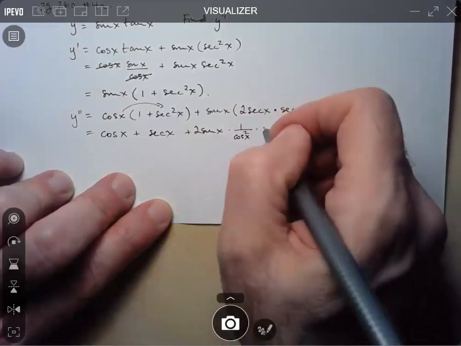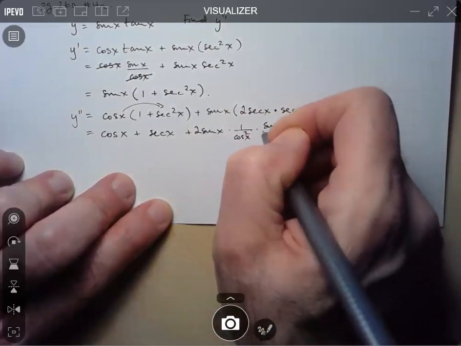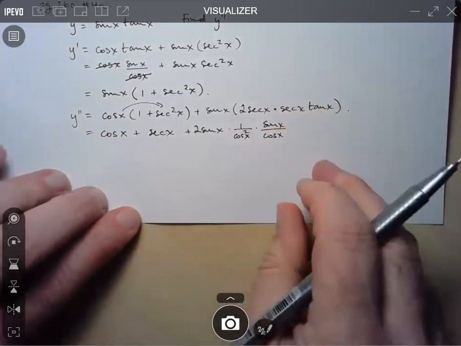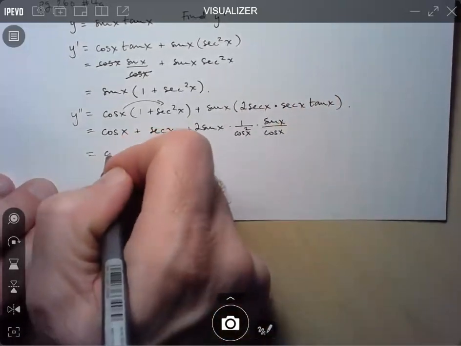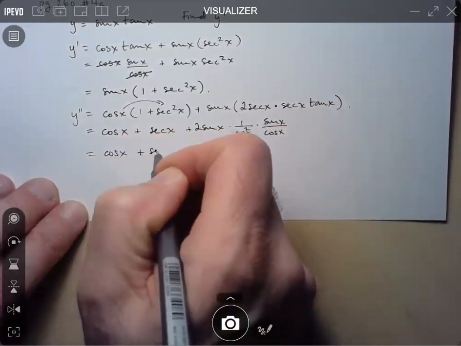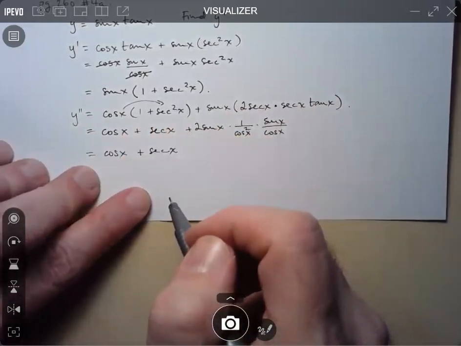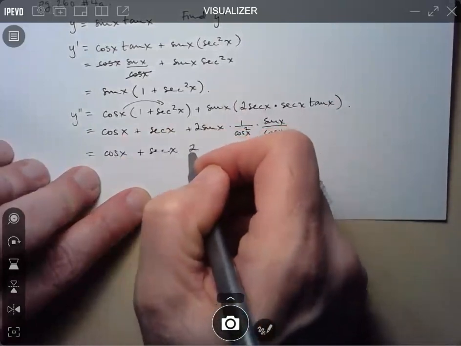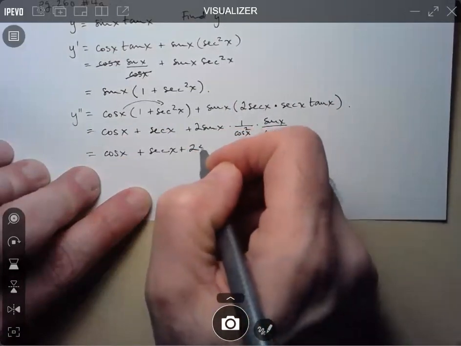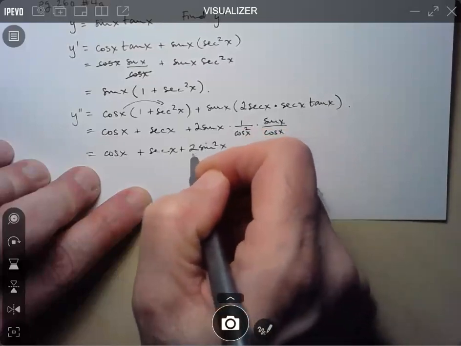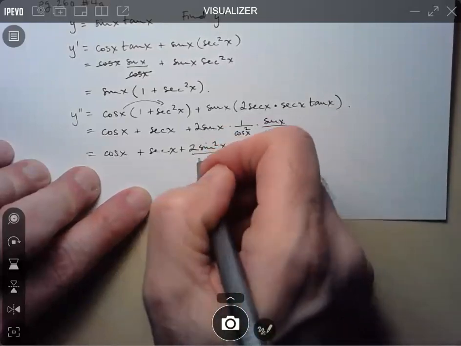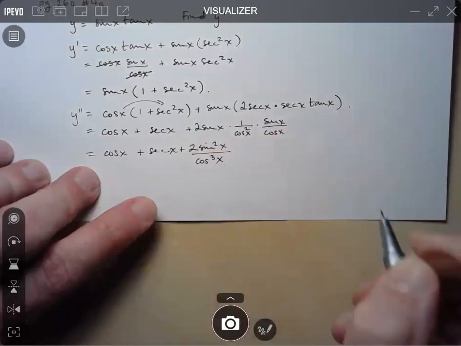And then I've got the tan x, which is sine x over cos x. There's nothing really that cancels out, but I can bring some stuff together here. In the numerator, I've got 2 sine squared, and in the denominator, it looks like we have cos cubed x.